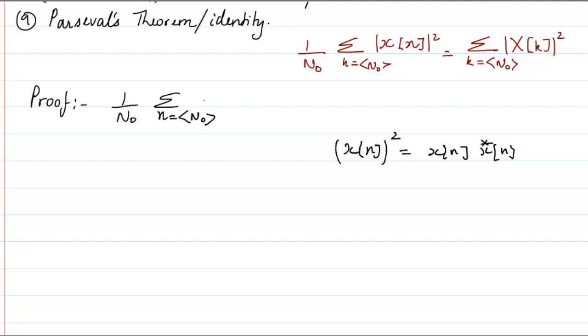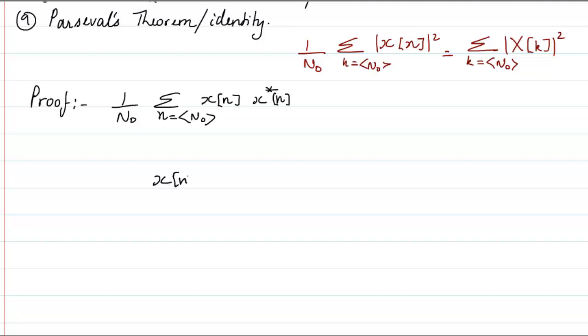Now what is x of n? I can write x of n itself through its Fourier coefficients as summation of X of k within the period n naught e raised to power j k omega naught n, isn't it?